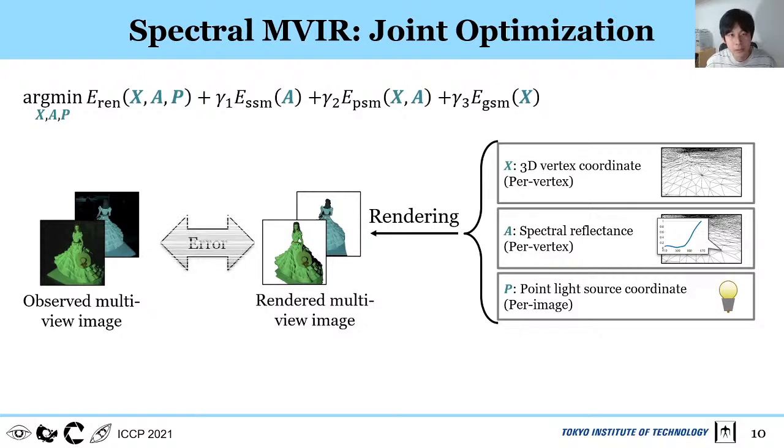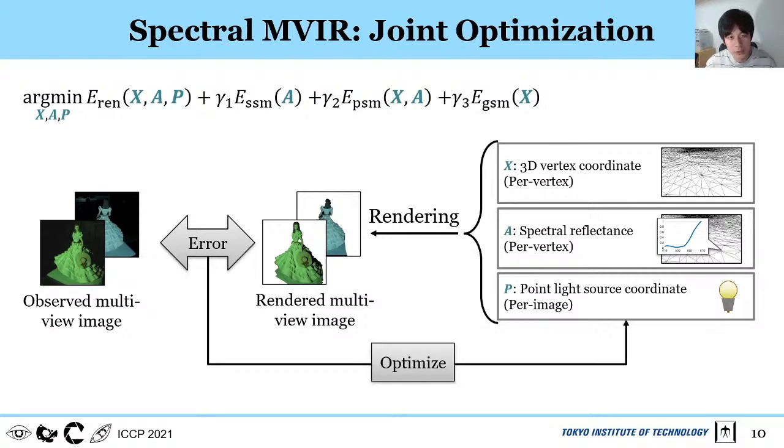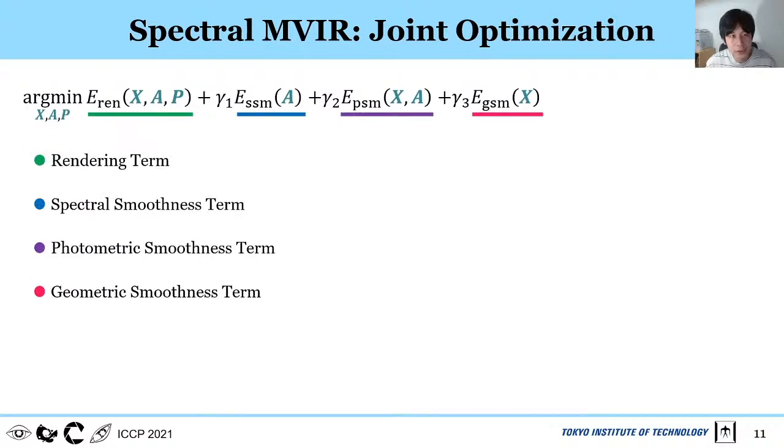By minimizing the error between observed images and rendered images for all the camera views, we can optimize the parameters to get the correct result. The optimization cost function is composed of a rendering term, spectral smoothness term, photometric smoothness term, and geometric smoothness term.